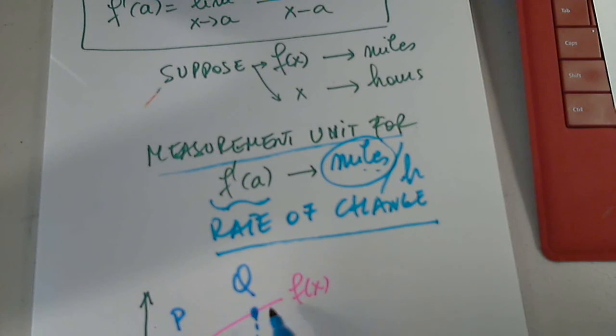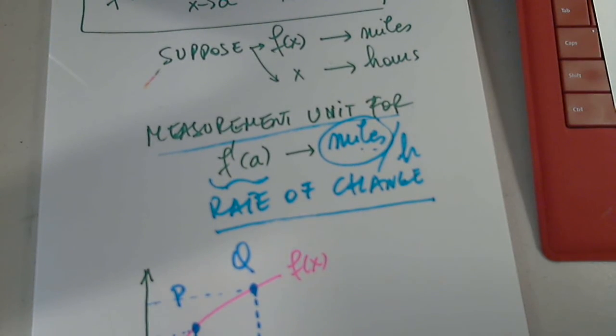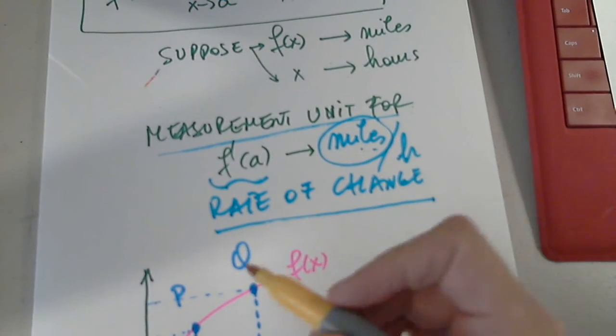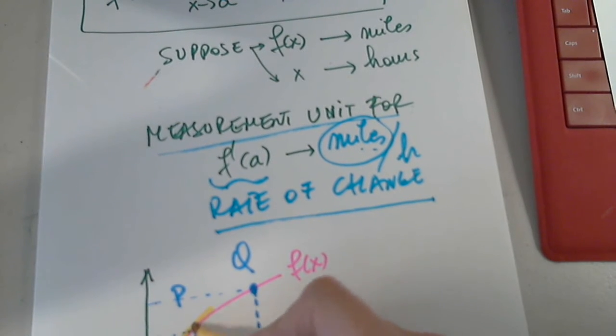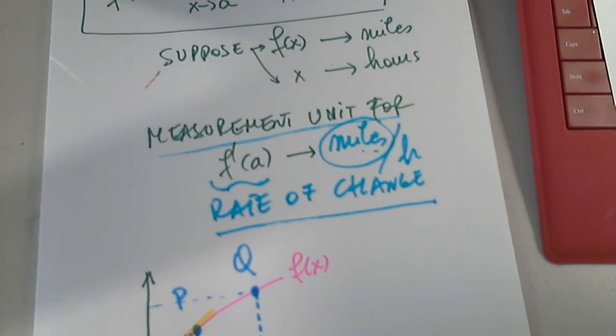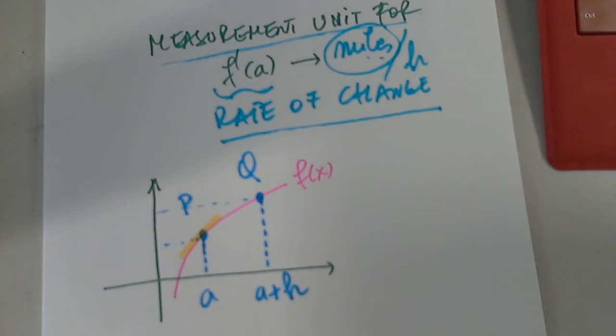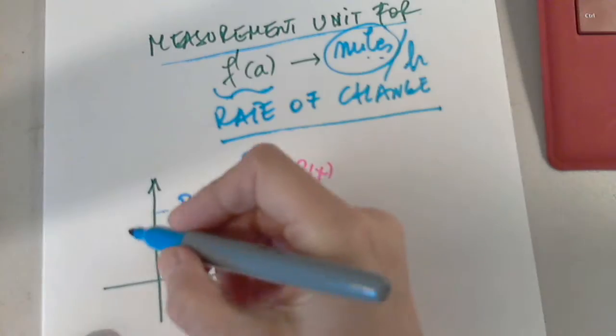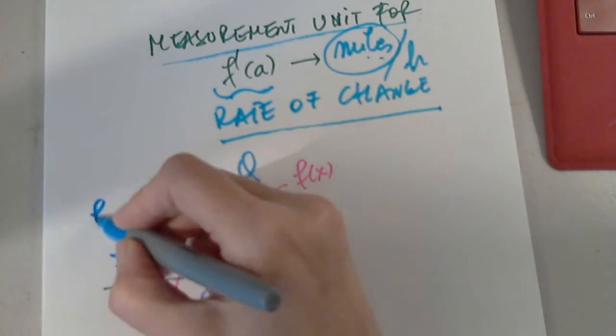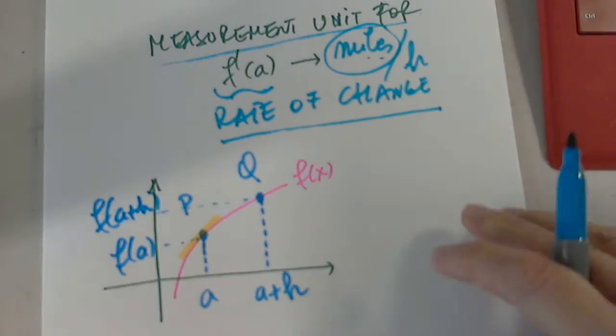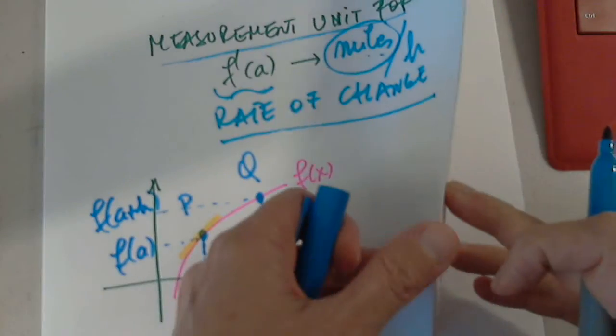And now, can anyone give us the y coordinates for these points? Because, of course, we are after the same thing. F of A and F of A plus h. Thank you very much. Great job.